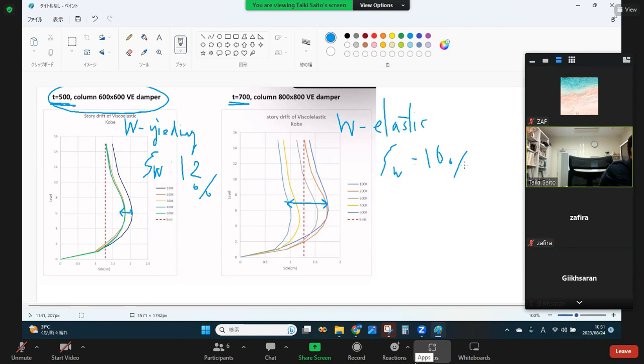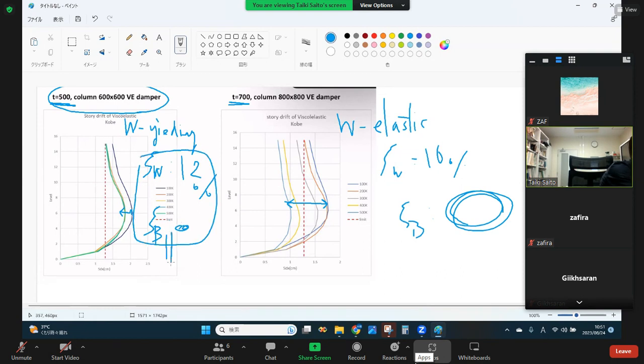And on the other hand, the contribution of the coupling beam is probably larger in this one, and this is probably small. That's why if you combine each other, the contribution of the wall is much higher compared to the contribution of the coupling beam.